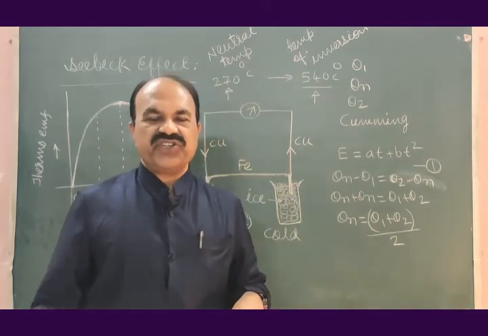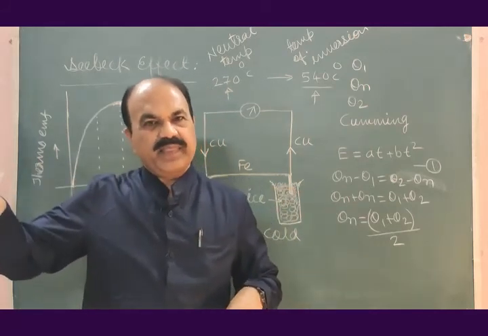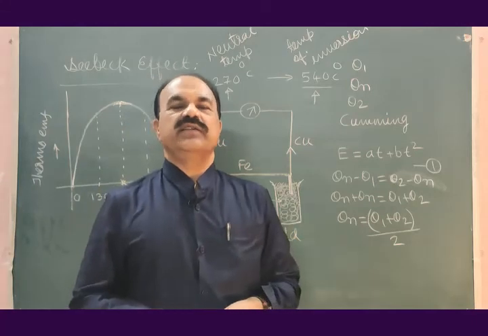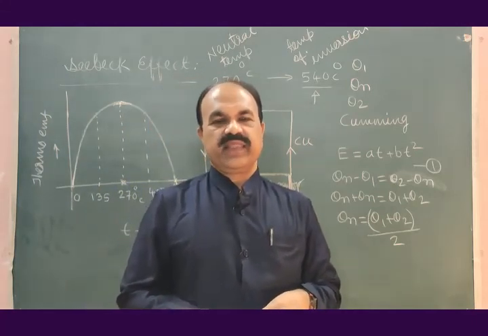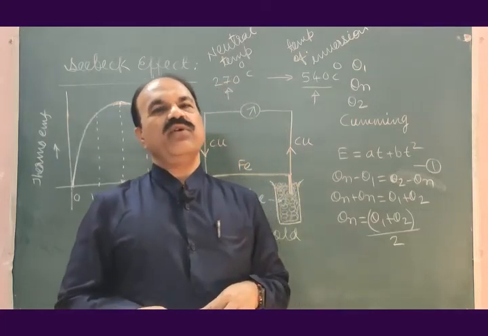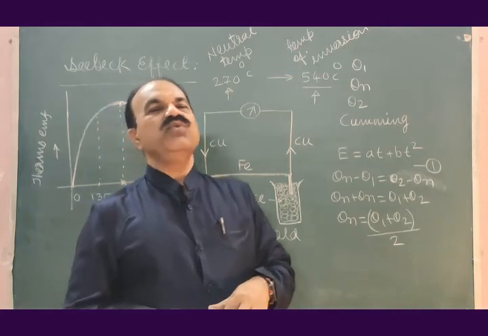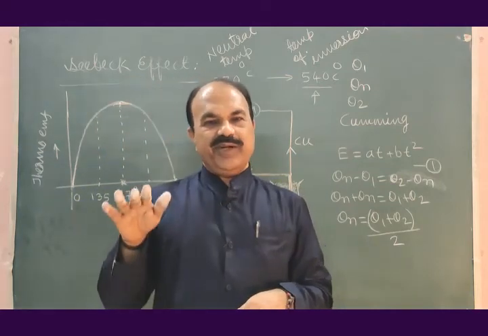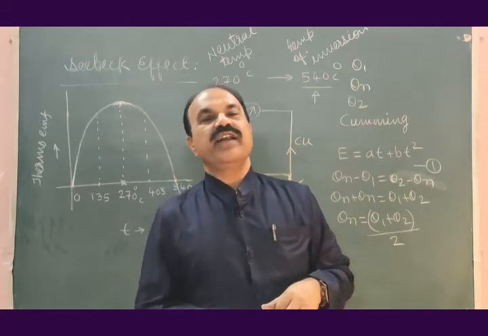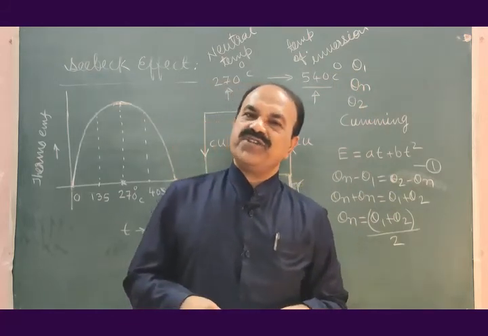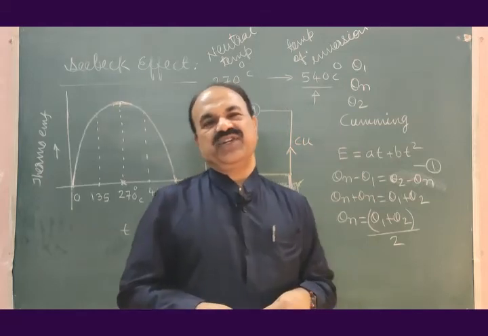If the potential is the same everywhere, there is no flow of current. Current flow is due to flow of electrons. Electrons always flow from low potential to high potential, negative to positive, and therefore current flows from high potential to low potential, or positive potential to negative potential.